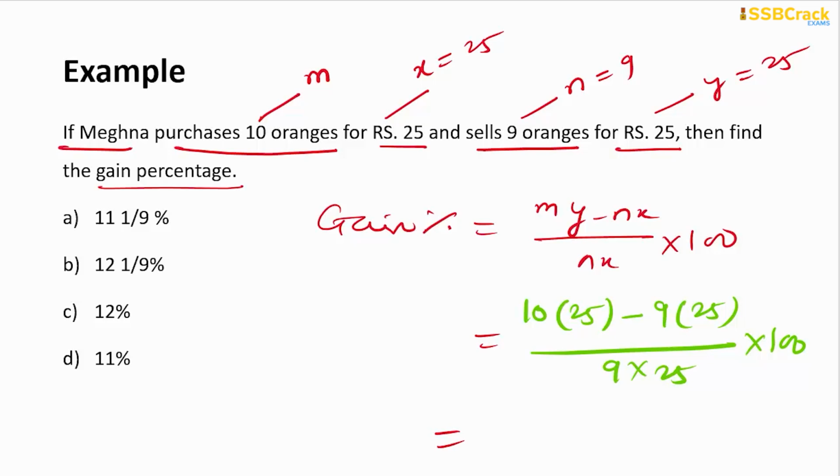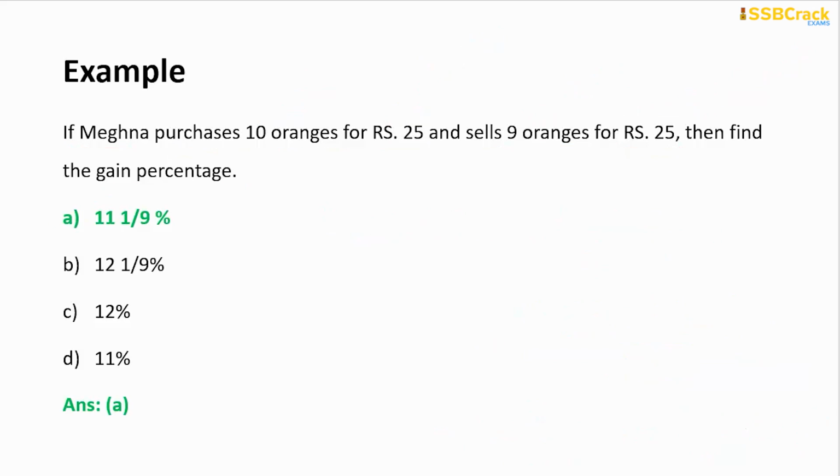In the numerator, 250 minus 225, because 25 nines are 225. So 250 minus 225 gives you 25 in the numerator, and in the denominator you have 25 anyhow, which gets cancelled. So basically it's a calculation of 100 by 9. You know that it will come out to be 11 1/9 only. Very easy. So hence option A for this particular question.